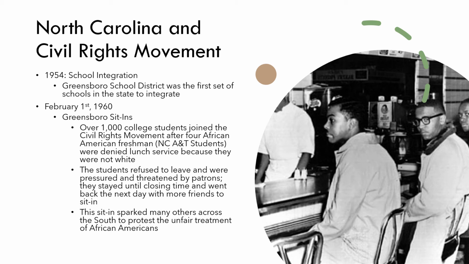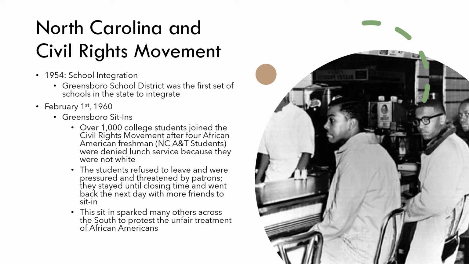And we started that integration in 1954 in Greensboro, and it continued throughout Charlotte and into other school districts across the state. And in Charlotte, they actually began busing students into different schools, into different districts, so that they could make a bigger effort to integrate schools with a diverse population of students.